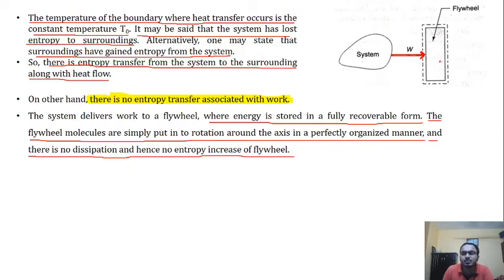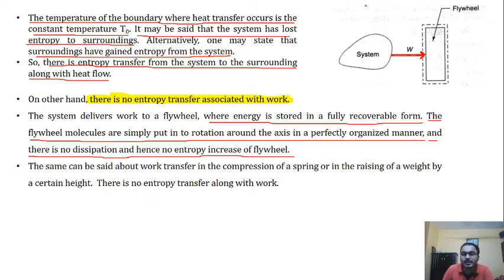Now at the same moment, if you consider the previous example where heat is provided, the molecules have greater kinetic energy and collision, and thus randomness or disorder increases. However, in case of the flywheel, they are rotating in a much organized manner and there is no dissipation, so there is no increase of entropy in the flywheel.